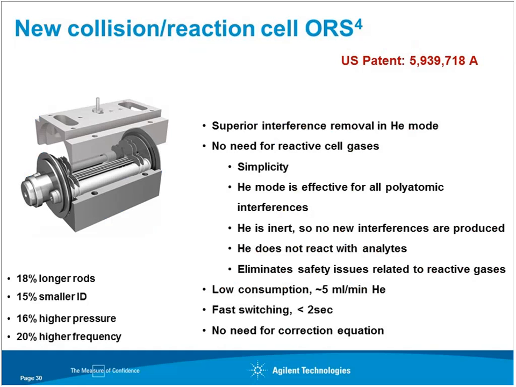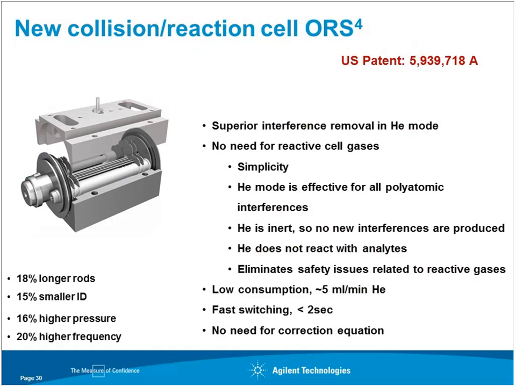Additionally, the ORS, this is now version 4, the ORS 4. The geometry is a little bit different, as we can see in the bottom left. The rods are a little bit longer, smaller ID, a little bit higher pressure, and a little bit higher frequency. So it's just really been fine-tuned to give you the superior interference removal in helium mode only.